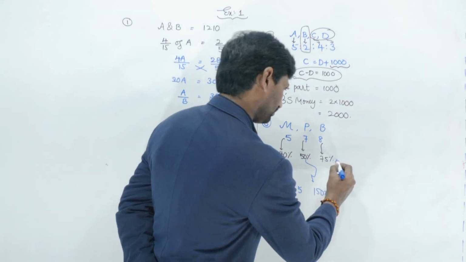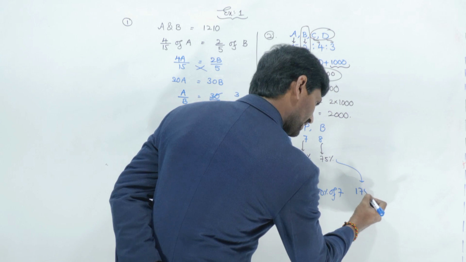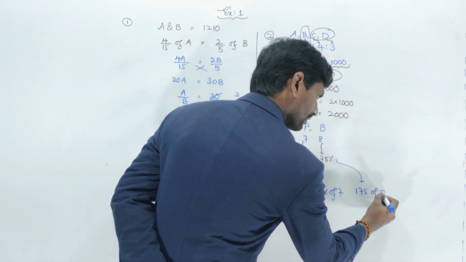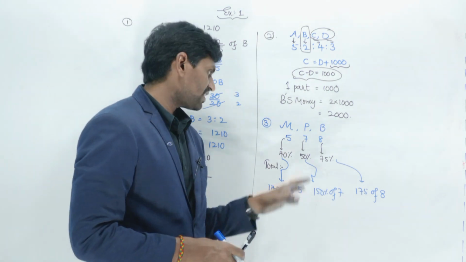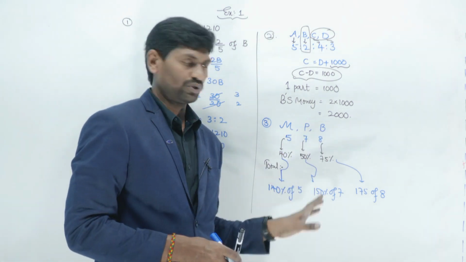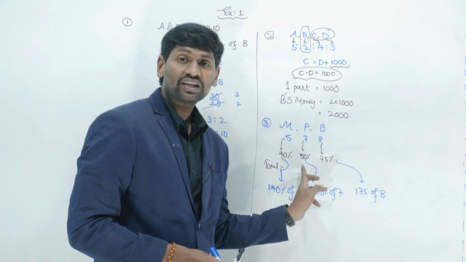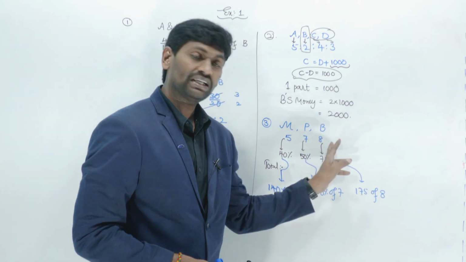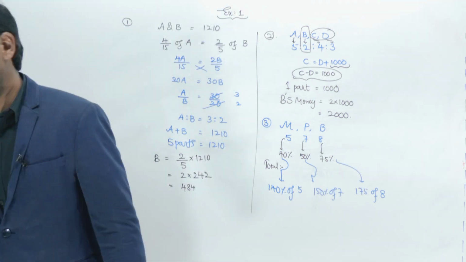The third one is 175% of 8 seats. Do you understand how I have written this? I am considering the allotted seats as 100% for each one. A 40% increase means it will be 140, a 50% increase means 150, a 75% increase means 175. Okay, let us see.